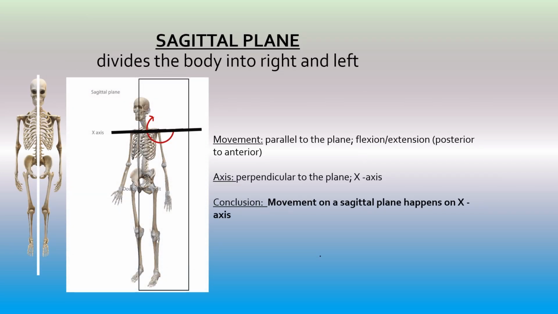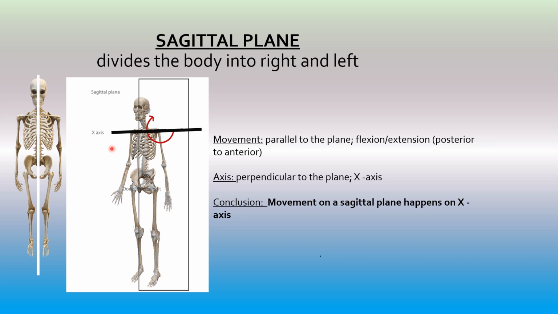Now that we have defined our axes of rotation, let's look at our planes. Planes of motion are associated with an axis of rotation. The first axis of rotation that we have discussed is the x-axis.